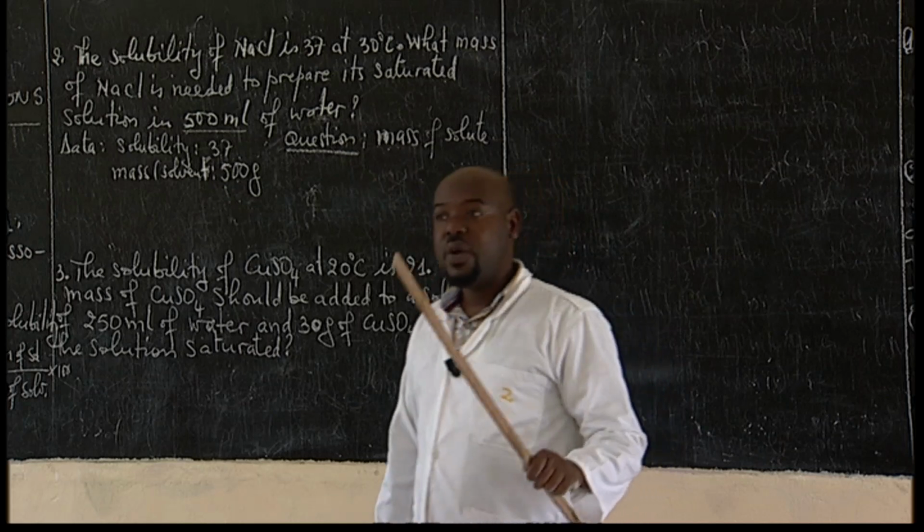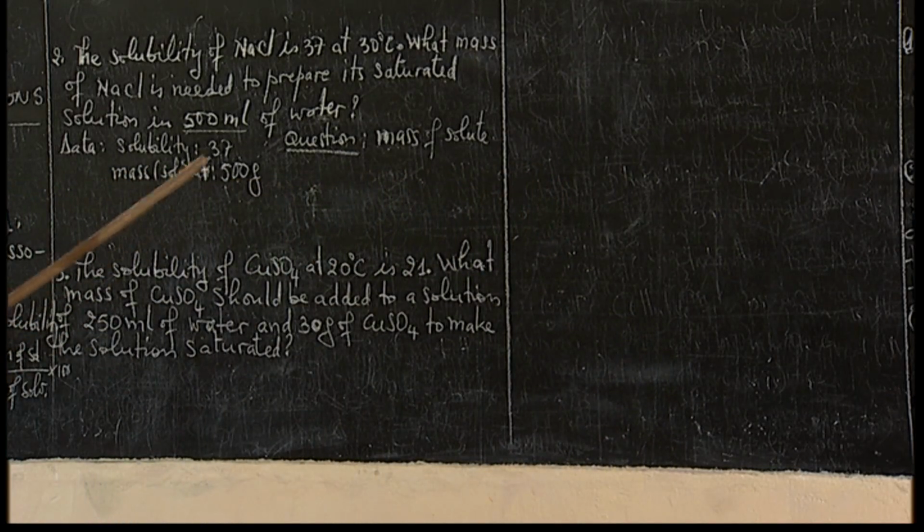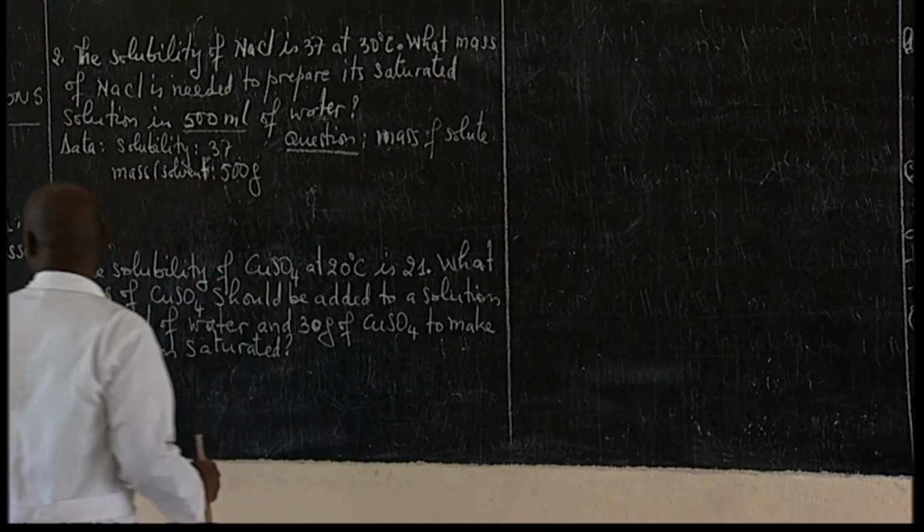How do we rearrange the formula we have here to make mass of solute the subject? Think about that. How do we work out this?